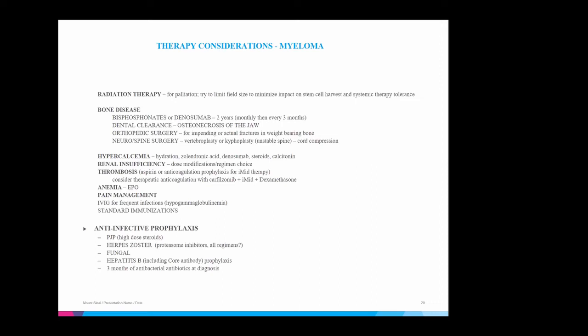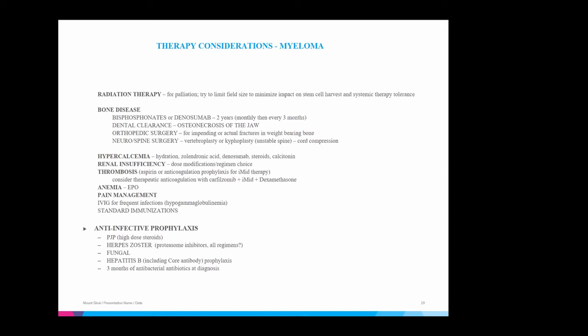Orthopedic surgery for impending or actual pathologic fractures, especially in weight-bearing bone, is not uncommonly done. And neurospine surgery is used for patients who need vertebroplasty or kyphoplasty because they have an unstable spine or cord compression that's deemed surgically appropriate.